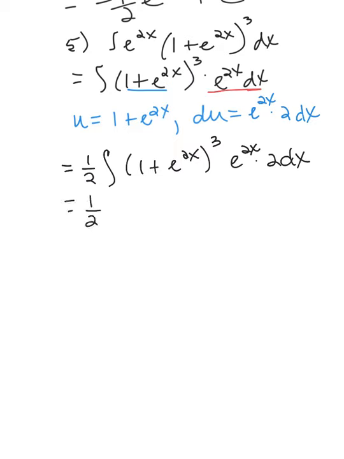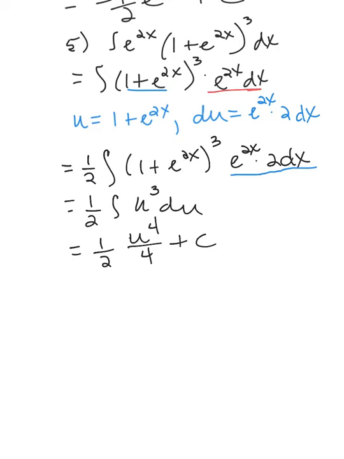So we will have 1/2 times the integral of u to the third, and then all of the e to the 2x times 2 dx equals du. Now we have a single item to a power, we're going to do our power rule. So we will have u to the 4th over 4 plus c.